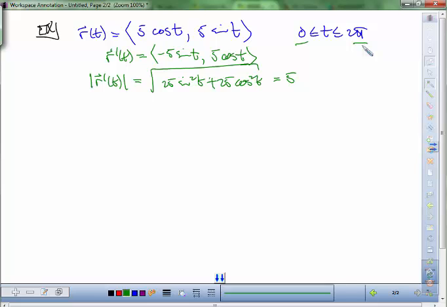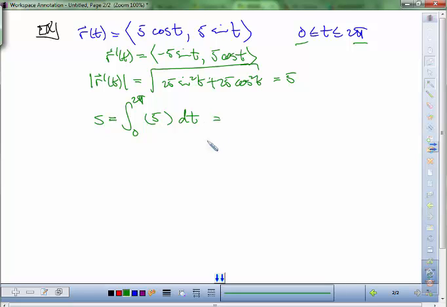So 5 is not the arc length of a circle, though. No, because we haven't finished this. This is just what goes inside of the integral, right? And so the actual arc length now is the integral from 0 to 2 pi of the magnitude of r prime, which we computed to be 5 dt.